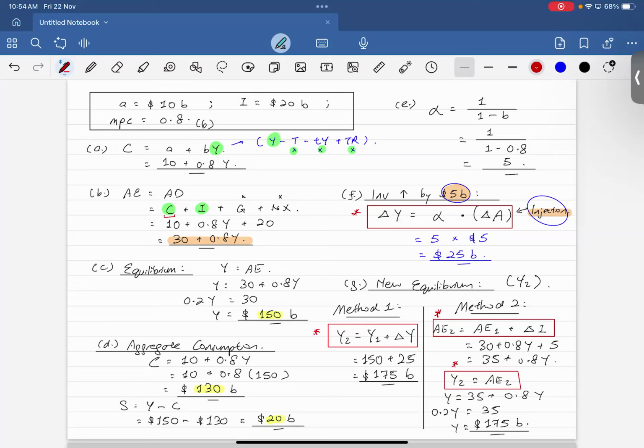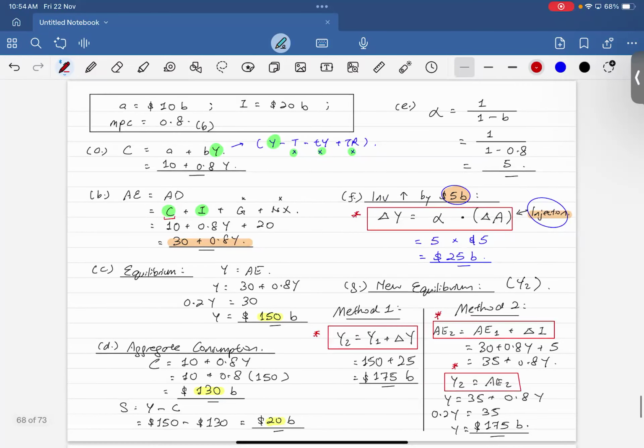The whole question like this is 20 marks. So one thing wrong, the whole thing gone. Equivalent income or equivalent output is the same because remember output equals income equals expenditure, the one that you learned in chapter 2.